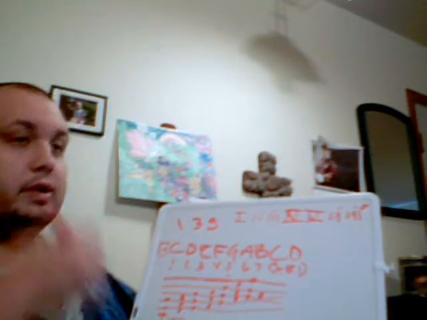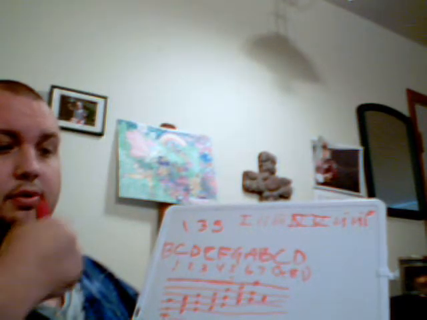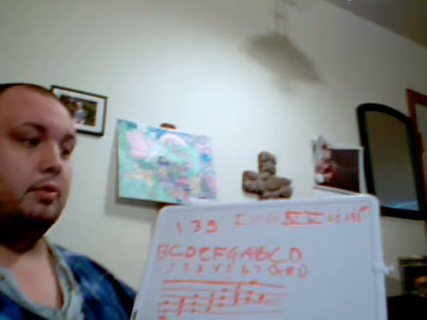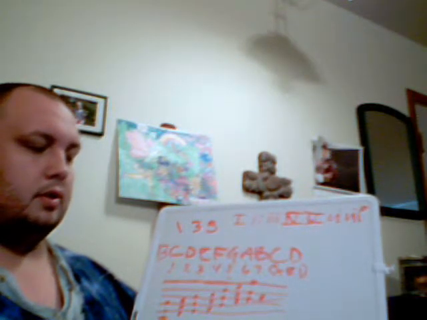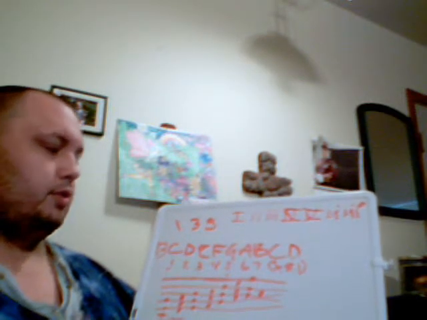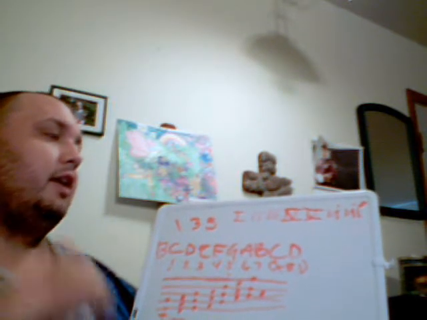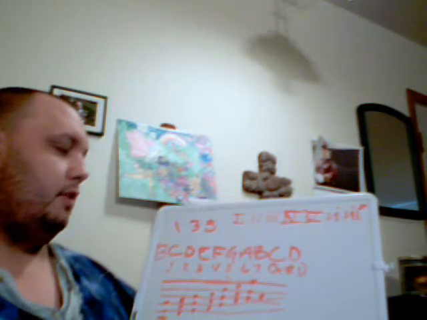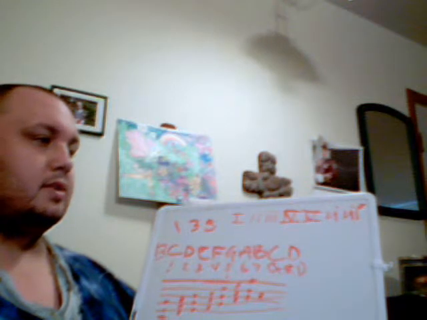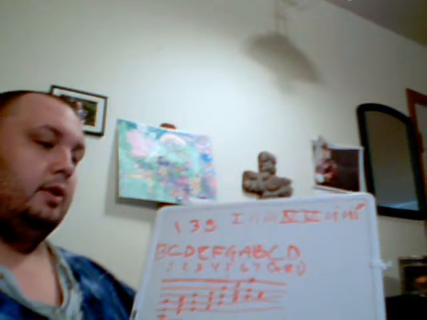We'll talk about modes some other time, but in modes and other things, in different kinds of minors, when you start altering the scale, you're going to have flat fives, augmented chords, flat 13s and stuff like that, flat 9s, that happen because of the alteration.